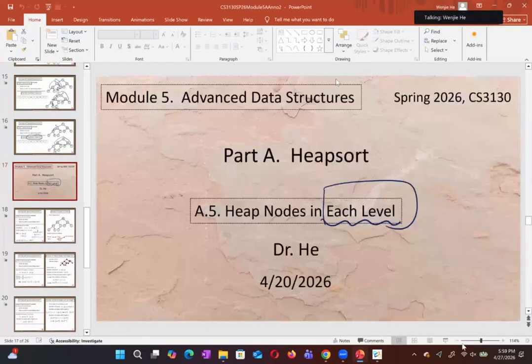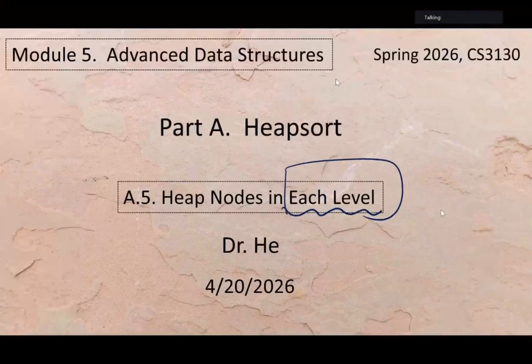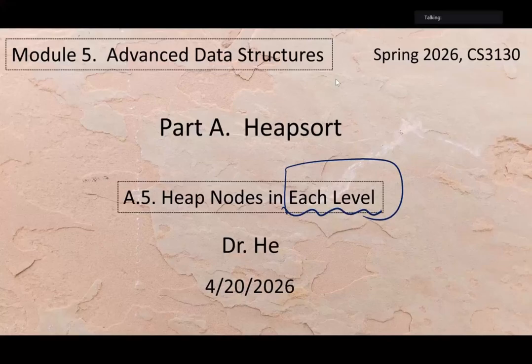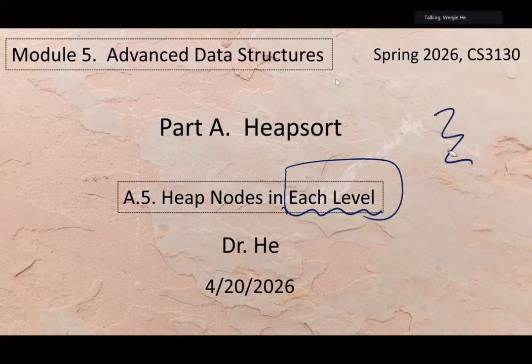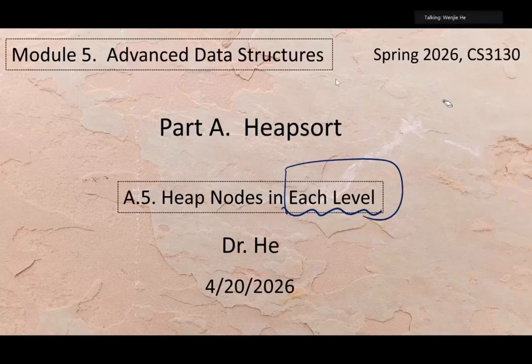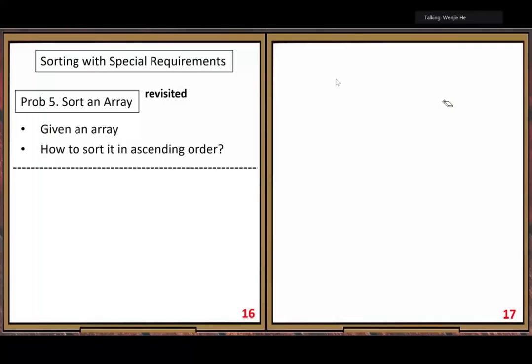So we are here, 8.5. All right, heap nodes in each level. This time we need to understand the structure of our heap better. So let's look at a few questions.